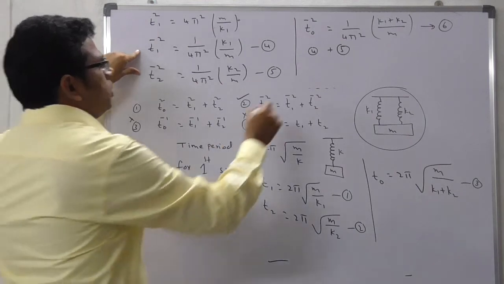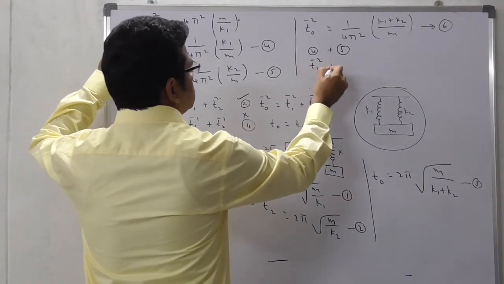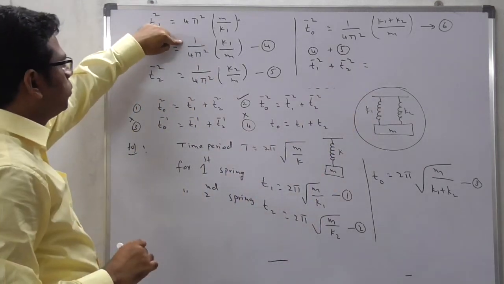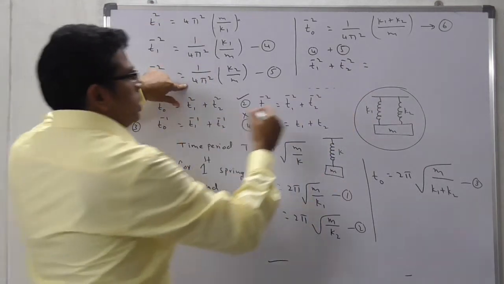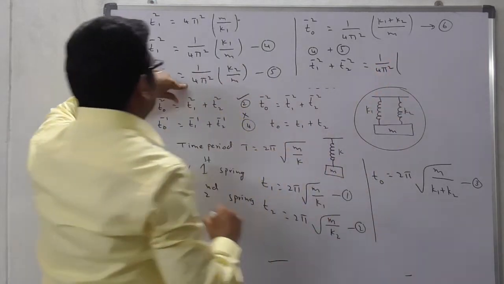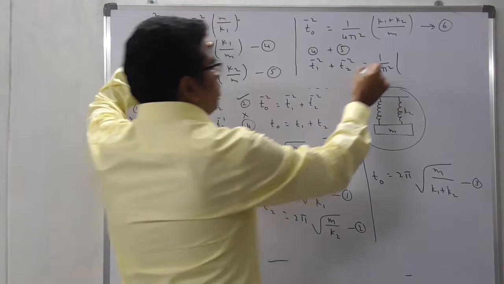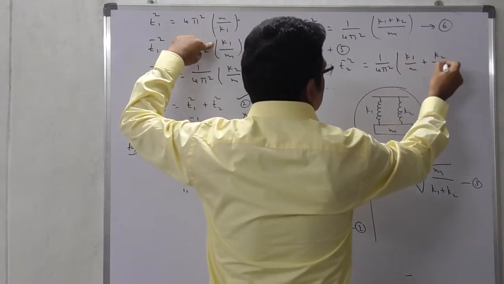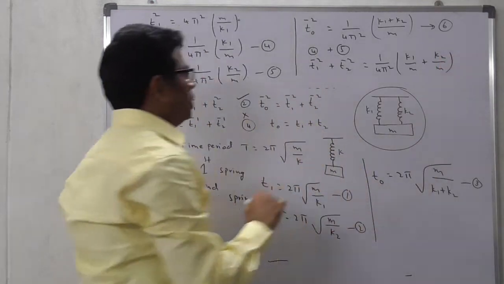4 plus 5 gives t1 power minus 2 plus t2 power minus 2 is equal to 1 by 4 pi square. Take out 1 by 4 pi square of k1 by m plus k2 by m. Clear?